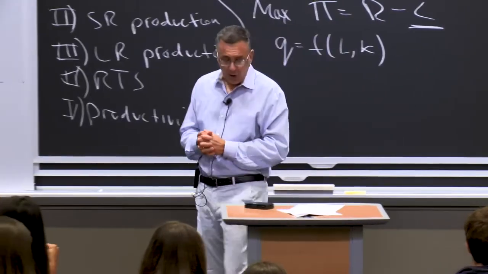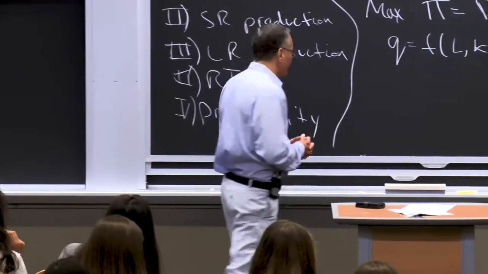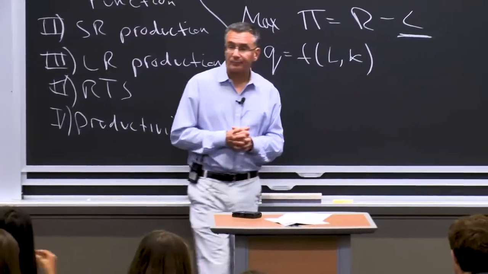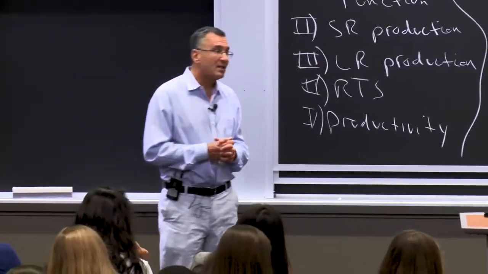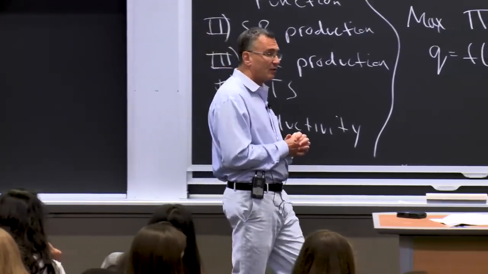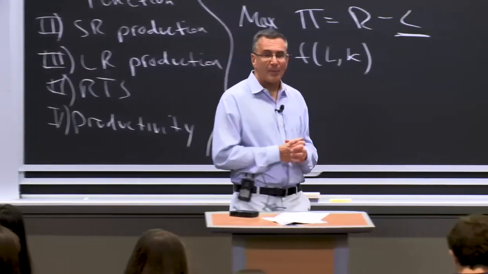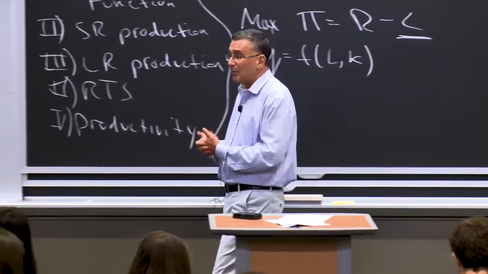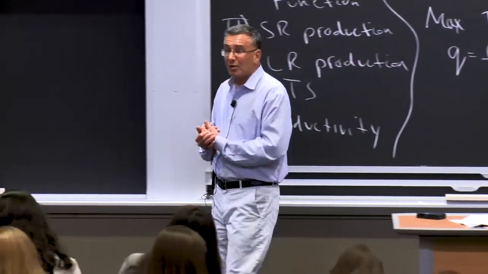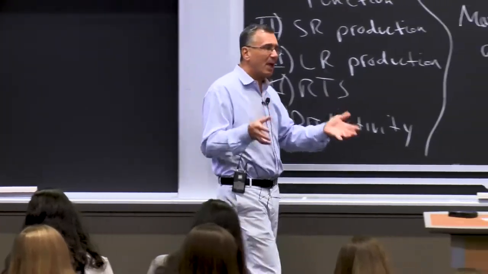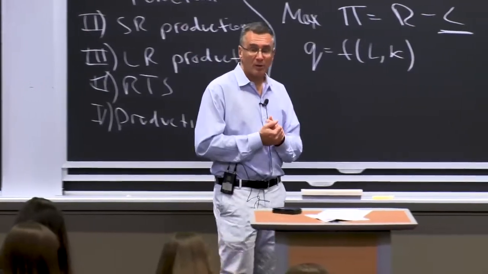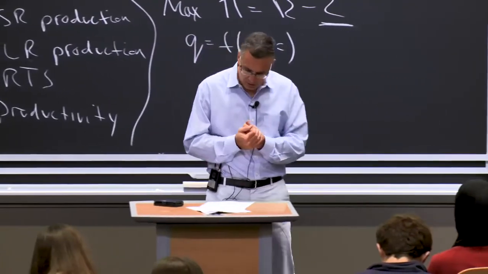We call these inputs the factors of production. Labor and capital we call the factors of production. They're the inputs that get used to produce things. Now, what are labor and capital? Labor is pretty easy. Labor is workers, either number of workers or hours of work. We'll use those interchangeably. But the bottom line is labor is workers. It's you all. That's the easy part.